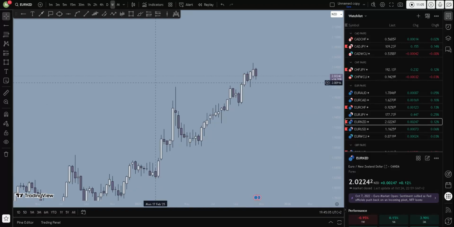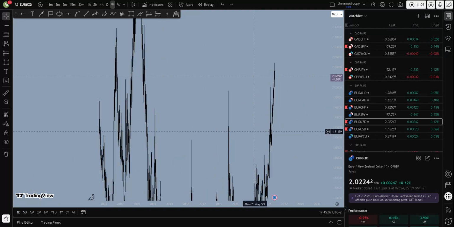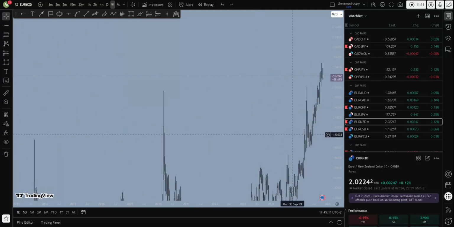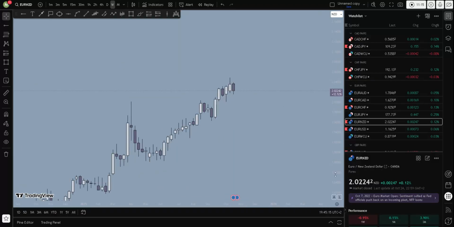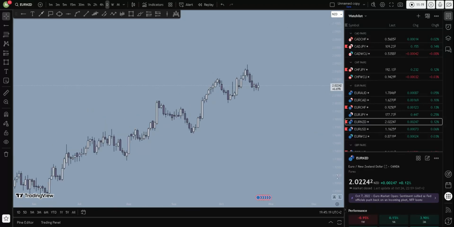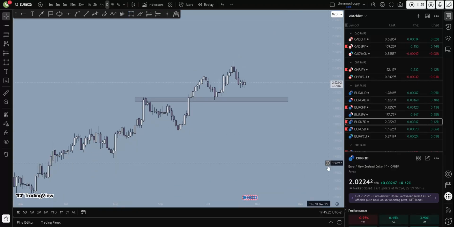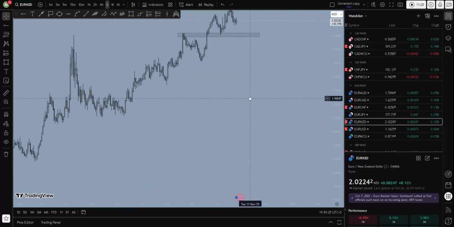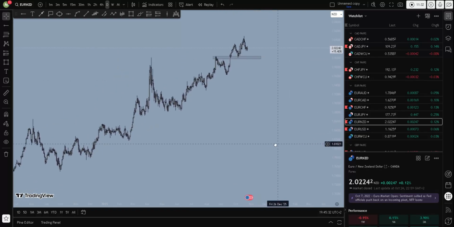Okay, another one, extremely bullish. Is this also at the all-time high? Nope. Okay, so we can work with this one. Extremely bullish market. Just having a look at this quickly.